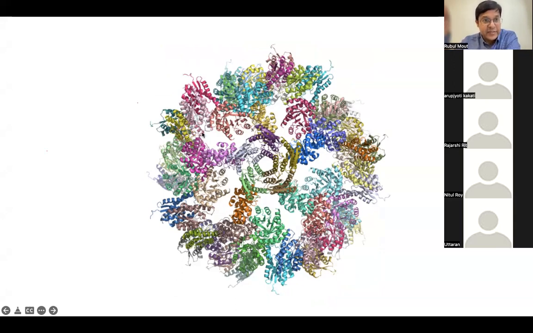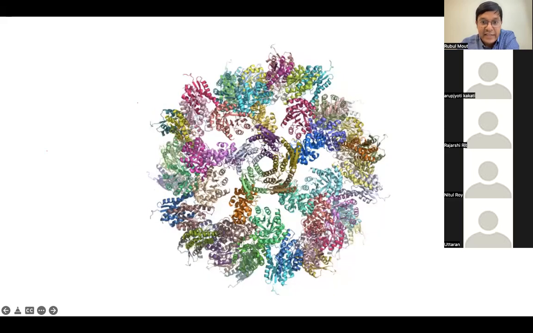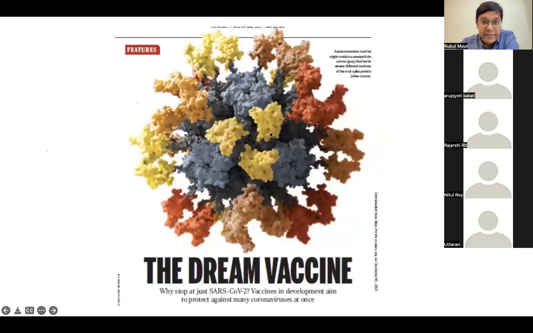If you take the spike protein from coronavirus and put it onto these proteins, you can essentially make a vaccine. And that's the vaccine here. At the core, you see these pentamers and these trimers as well. And all of this, the yellow, brown and slightly red, are the spike proteins that you can attach to this scaffold.